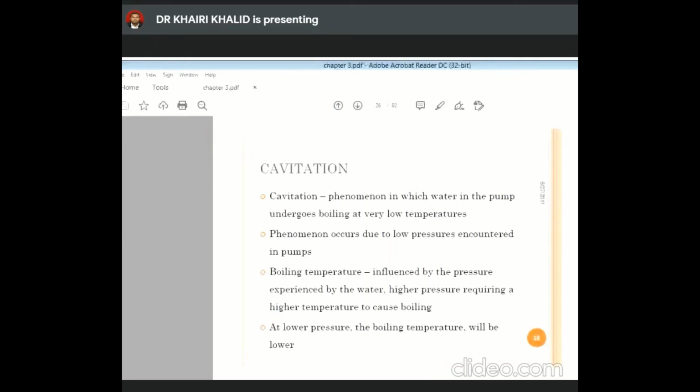Our normal boiling temperature, what is the value in degrees Celsius? 100 degrees Celsius, right? That's the common value of the boiling temperature in our country.